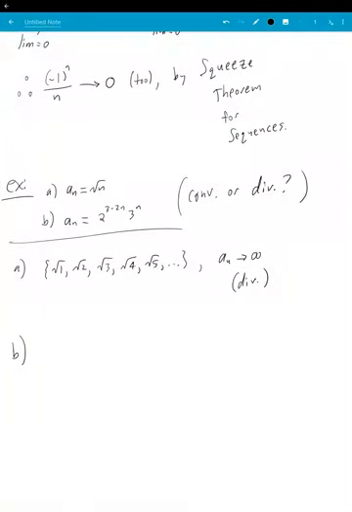For b, we're going to have to do some algebra here to see what's happening. So what am I going to do? Well, I'm going to deal with this negative exponent that appears here.